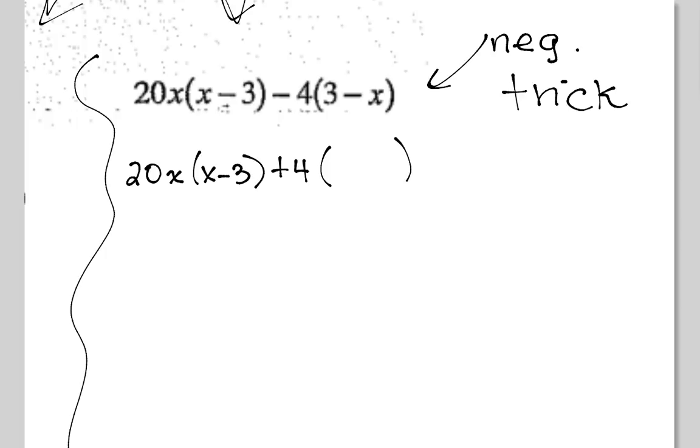What did I do? How do you make a negative become a positive with a factor? What do I multiply -4 by to get +4? What goes there? -1.